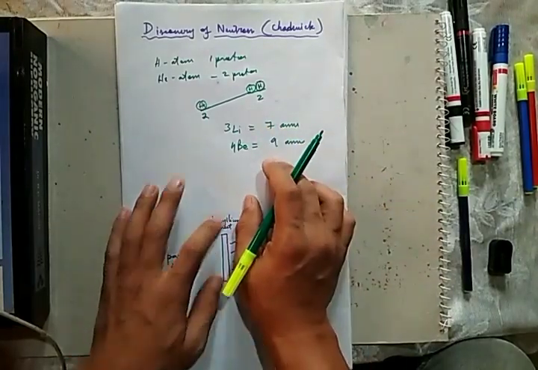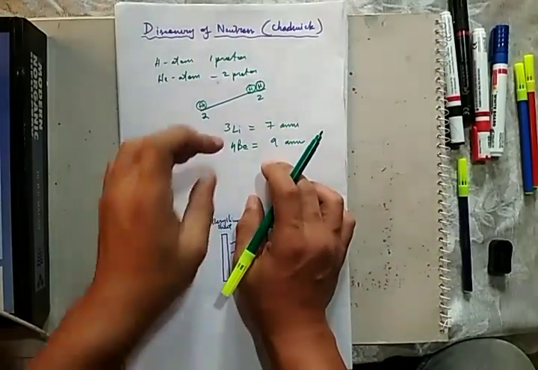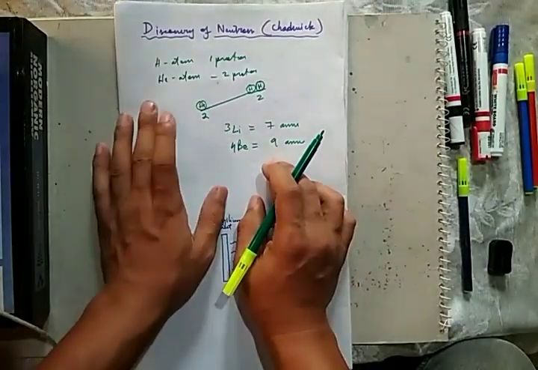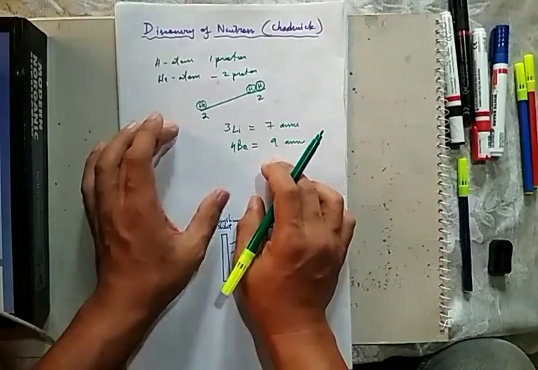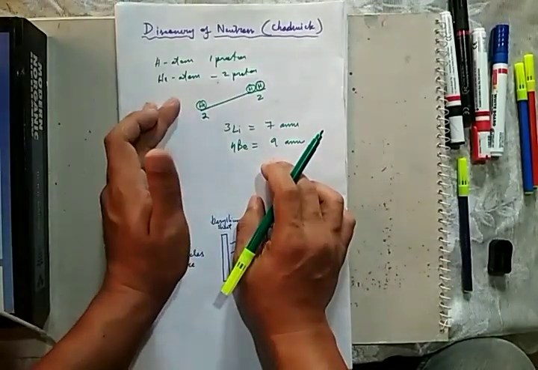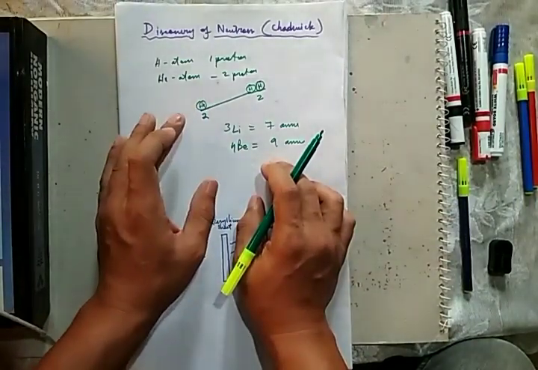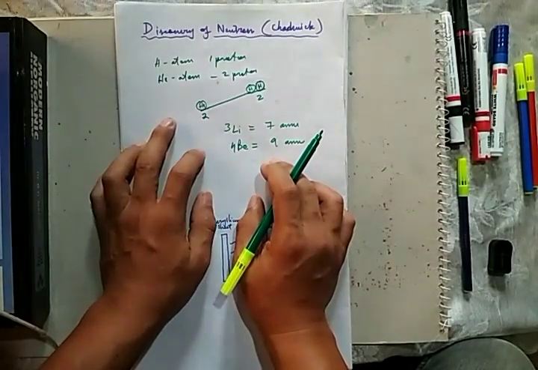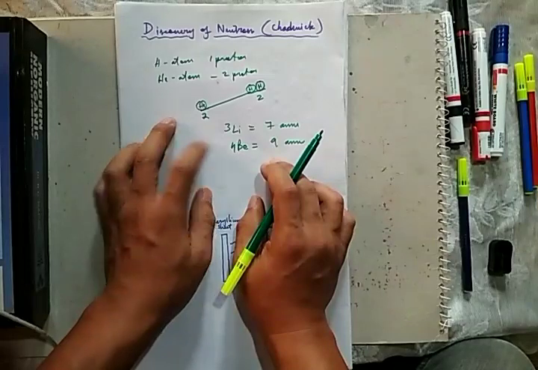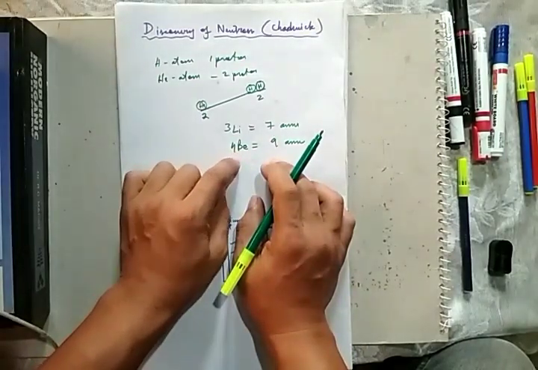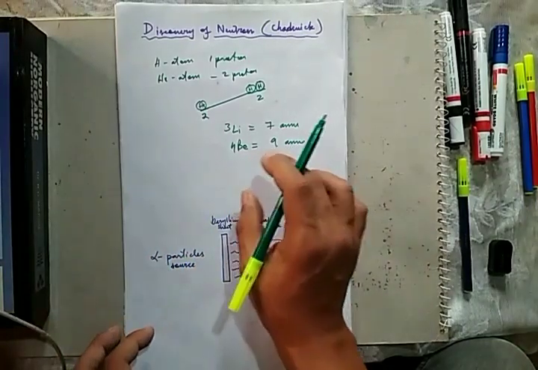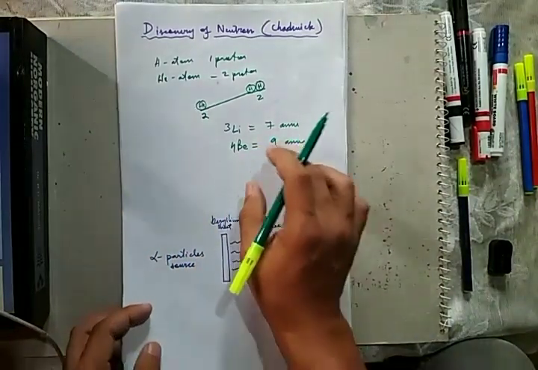Something must be contributing to the mass of these elements. In our previous discussion, we discussed the discovery of electrons and protons. Electrons and protons contain charge, but there must be some other subatomic particle, which is the neutron. So scientists thought that there must be something.